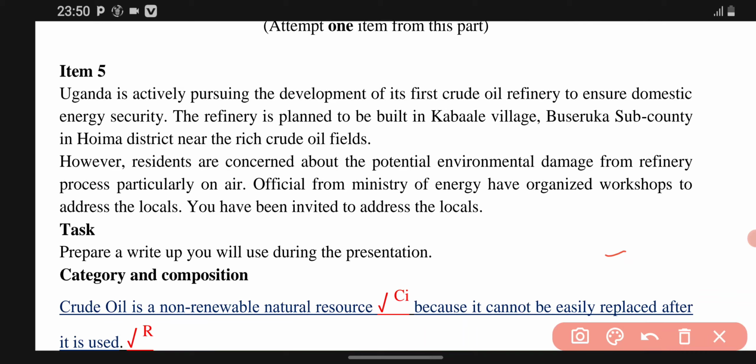Before you enter any serious chemistry paper, you must have read all those topics, and you should be well equipped with the content such that you can easily pass these questions. You should expect such questions on item 5 and item 6, but you choose one.